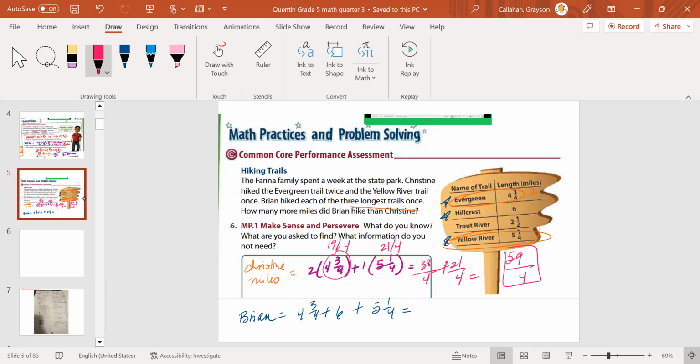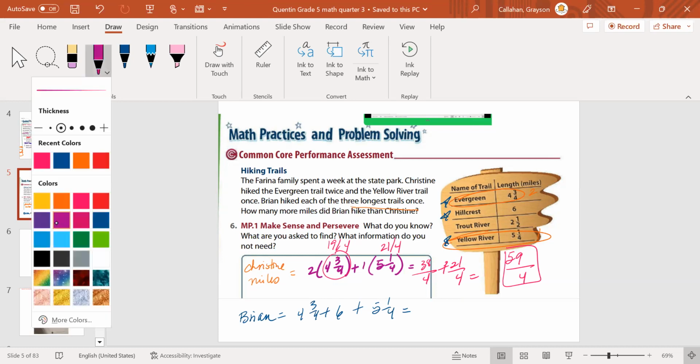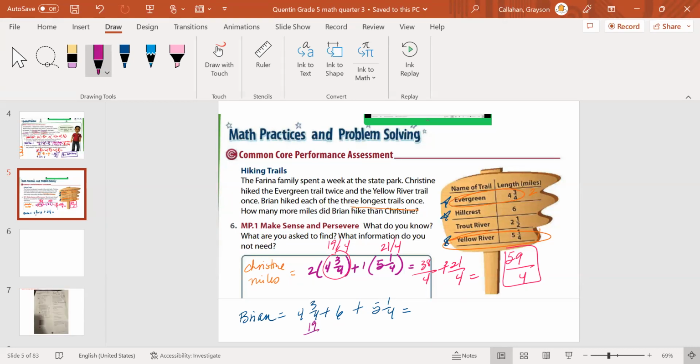The last one you reduced, right? I know you didn't reduce, but for this one, you do reduce. Okay, now what I want you to do is find the total for Brian. What's the total for Brian? What's your lowest common denominator? It's 4, right?